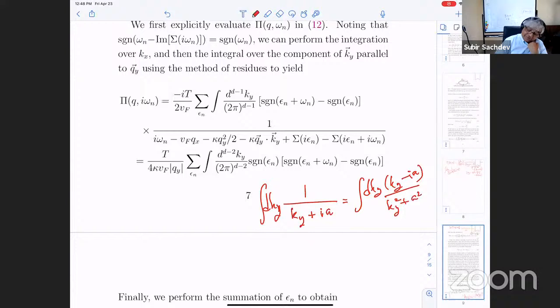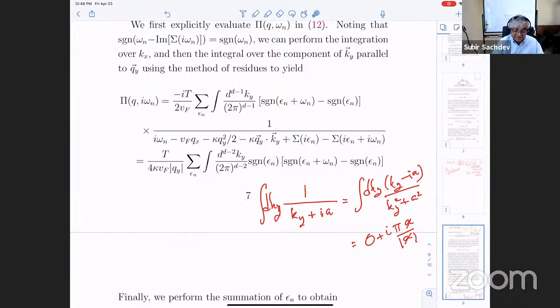And now, if you assume that it's symmetric about y being positive and negative, which it really isn't ultimately, the real part will be 0. And the imaginary part, you can do the integral. It's i times pi. You get an a here, and you get an a here, it'll cancel out. So you get a over mod a, and the only thing left over is the sign. So that's quite remarkable.